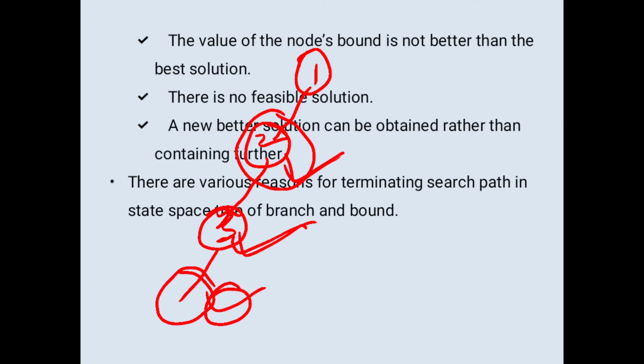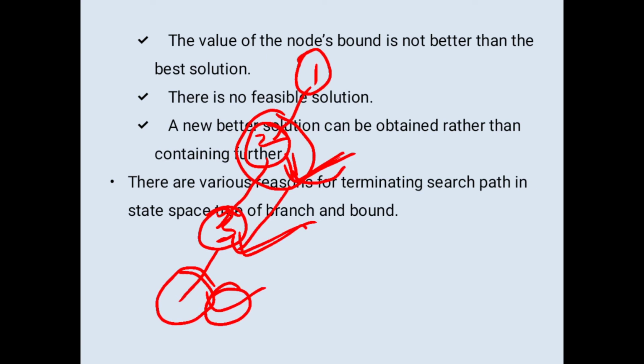That means the bound value is not better than the best solution. Which one? The solution number 2 is not a feasible solution. What is the reason? Because the bound value is not better than the best solution, so that is not feasible. With no feasible solution, it is automatically terminated.